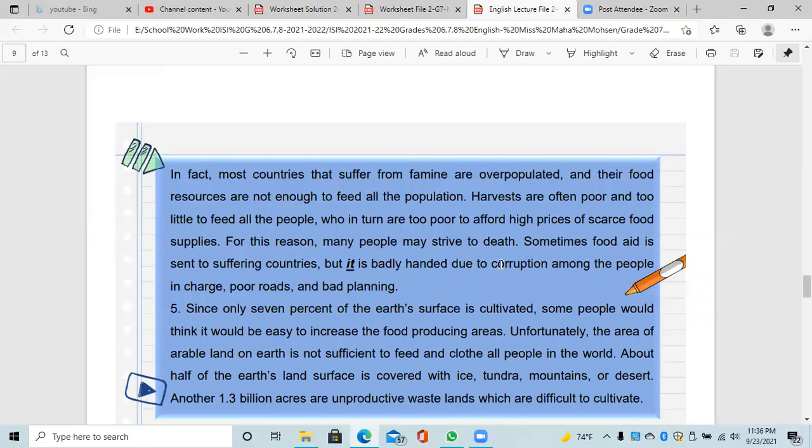So food aid, like help, they are sending food to the poor countries that are suffering from shortage of food to help them, but it is badly handled. So this food aid is not being handled well. It's not being distributed well among the people because of so many reasons like corruption, poor roads, and bad planning.